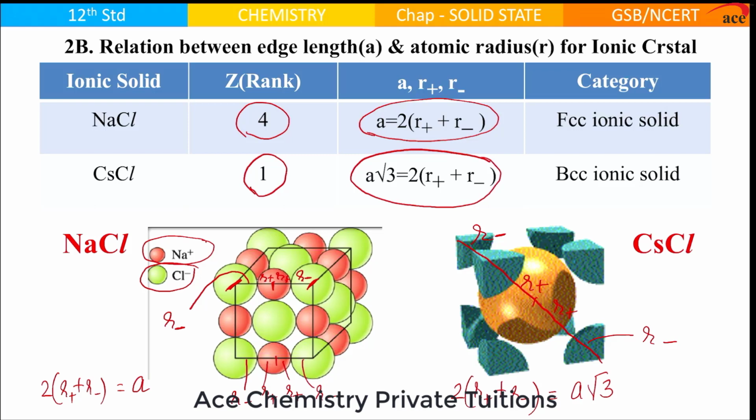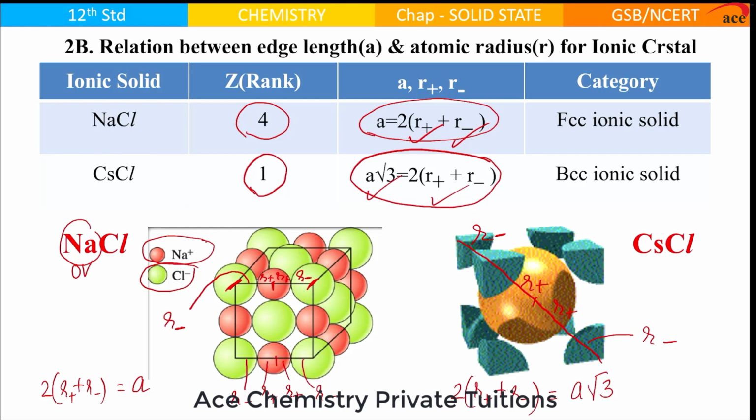So, for NaCl solid, a = 2(R+ + R-), and for cesium chloride solid, the body diagonal is equal to 2(R+ + R-). Remember, Na+ is present in octahedral void.